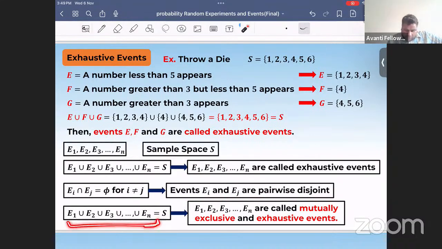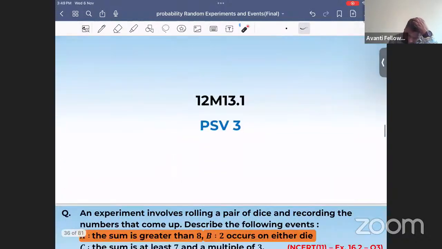Now, if the union of all of them is S, then E1, E2, E3, En are called mutually exclusive and exhaustive events. Got it?